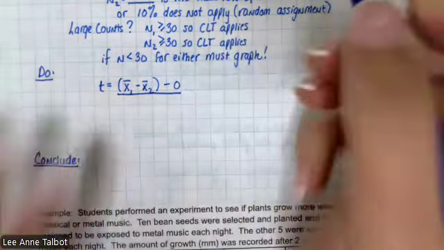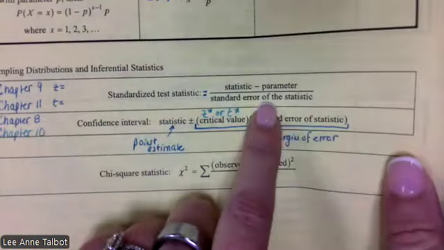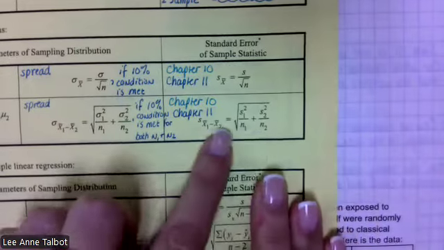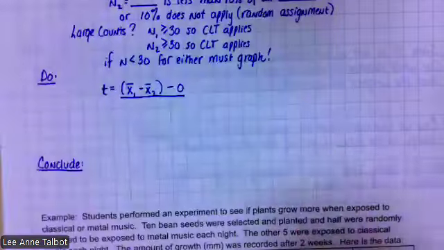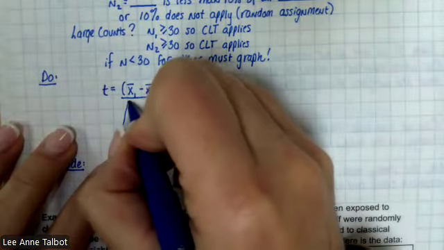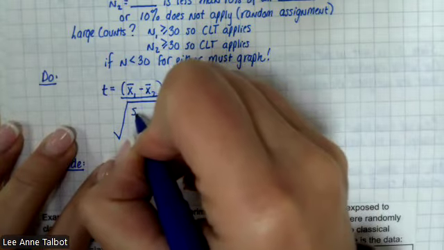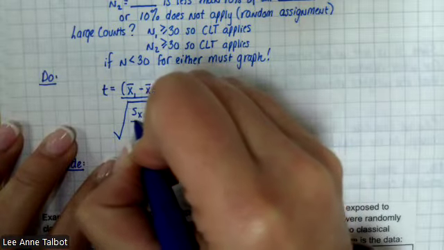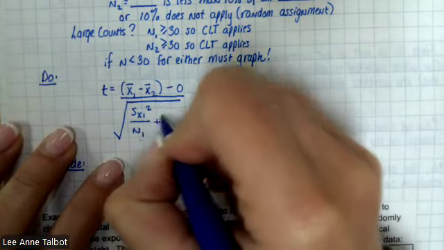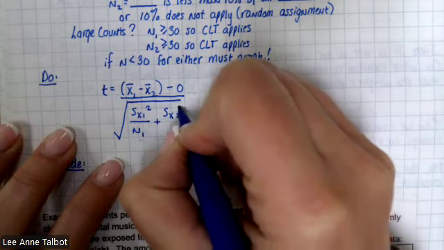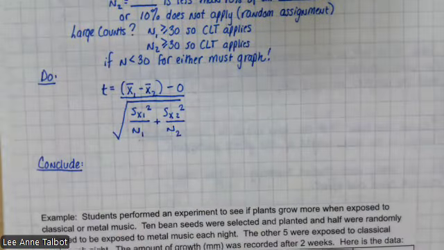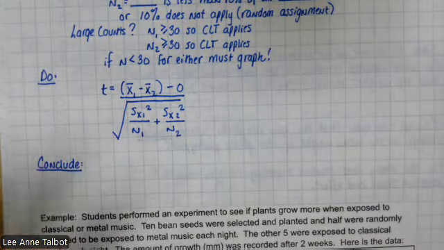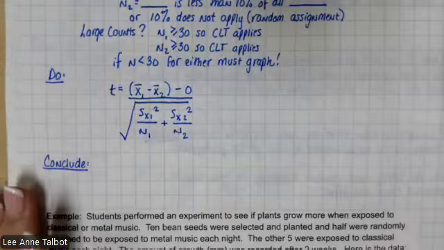Okay, and then standard error of the statistic. Flip your paper over. Chapter 11 is this guy here, the two sample guy. And remember, the numerators of that are squared.